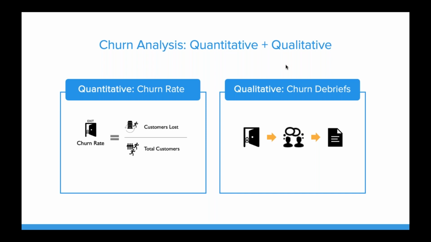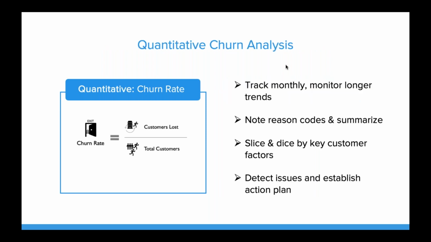It really helps you put into context and give you some benchmarks internally to track over time. And then there's the qualitative side. I'm calling them churn debriefs, but essentially they are interviews and surveys and really talking to customers who have churned or considered it to get more of the why behind the numbers. So let's talk about each of these.